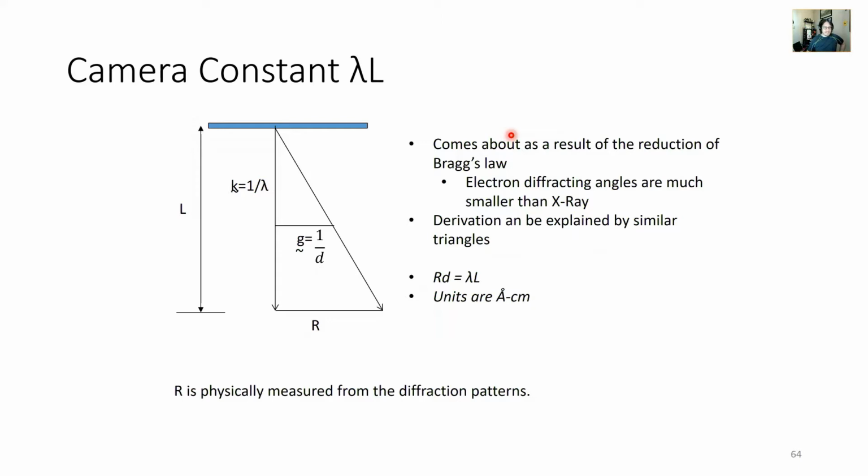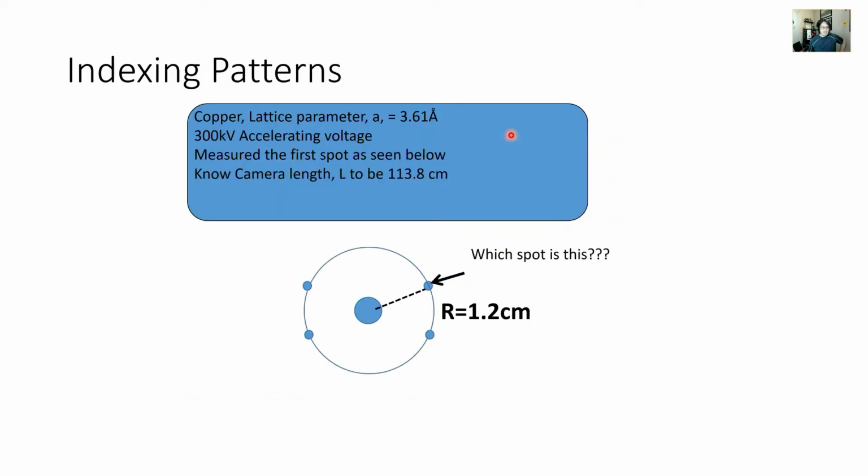Seeing the camera constant slide again. So how do we use this in a practical sense? Indexing patterns is a very big use of the camera constant. So we have our copper with a lattice parameter of 3.61 angstroms, and we have our 300 kilovolt accelerating voltage, and we measure the first spot seen below, 1.2 centimeters, measured physically off of a diffraction pattern.